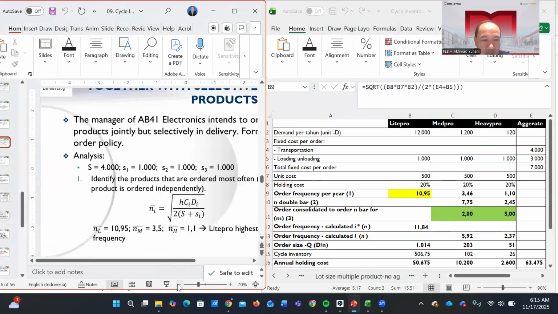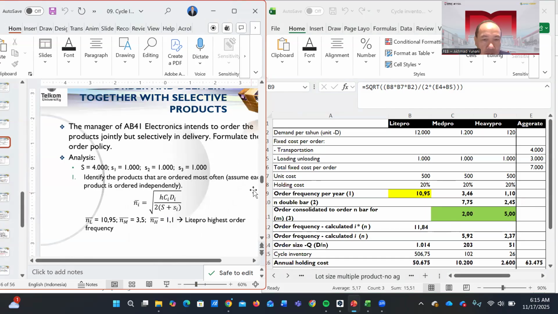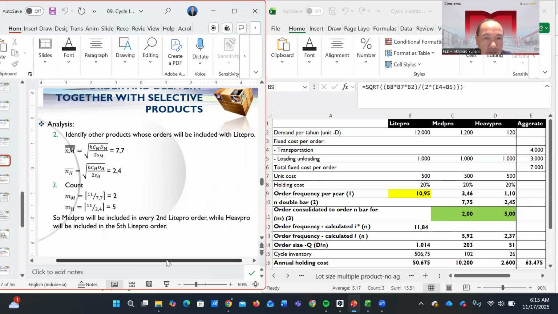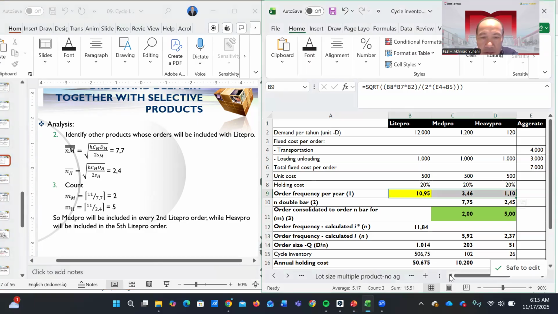Go on, second step. Identify other products whose order will be included with Light Pro. Here we will include order for Matte Pro and Heavy Pro. And then we calculate the N double bar.